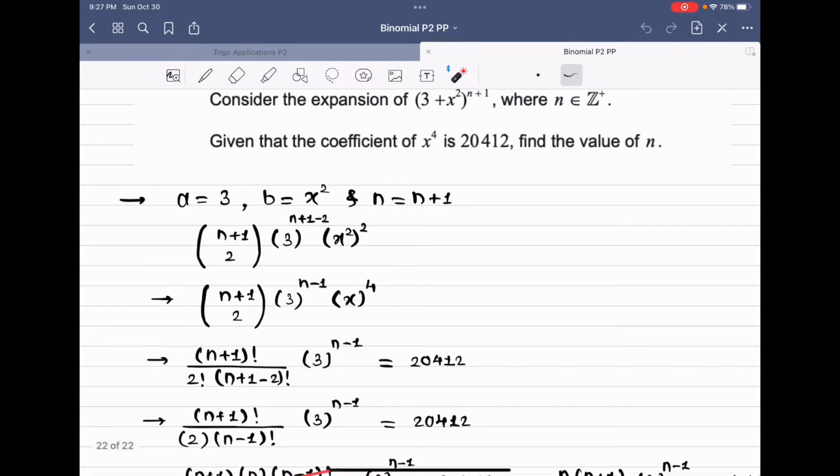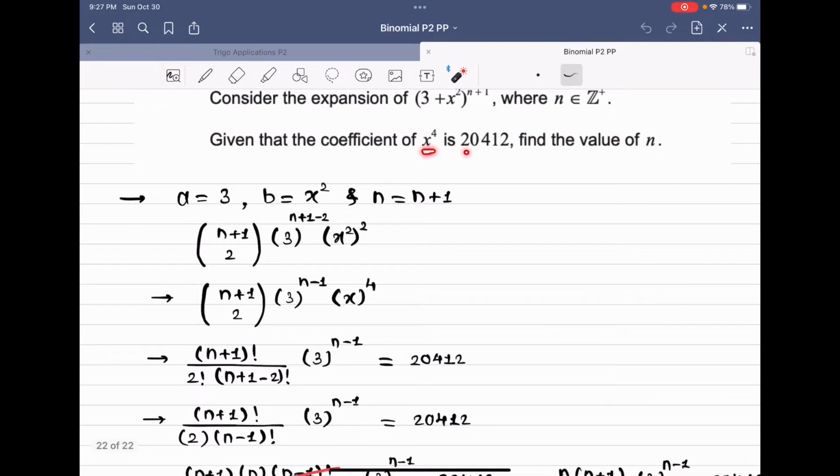What is given? The coefficient of x⁴ is 204,12. This is your x⁴, so the coefficient is this part. So I am using that equal to 204,12. I am now using the nCr formula.